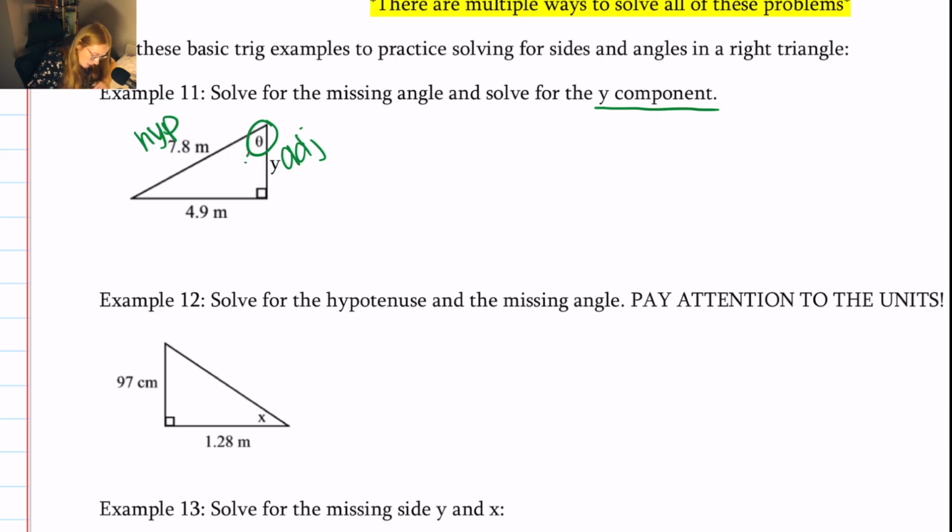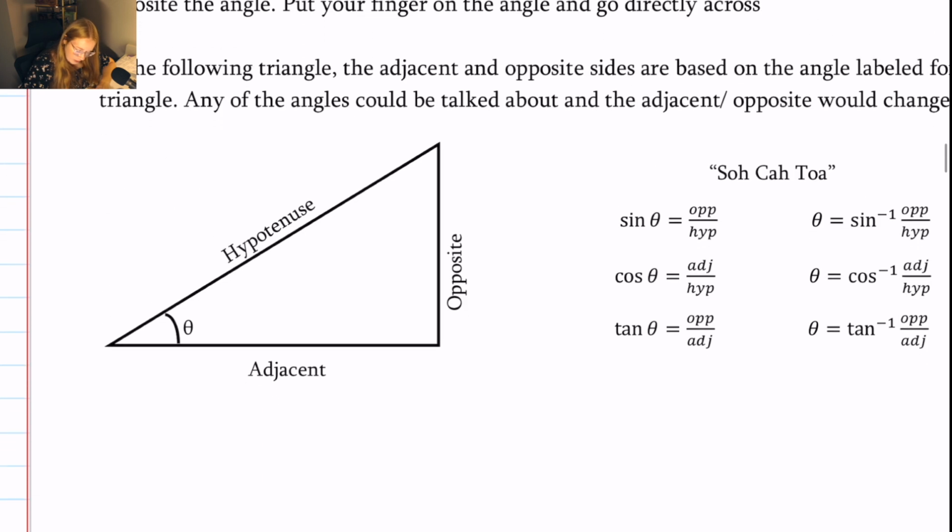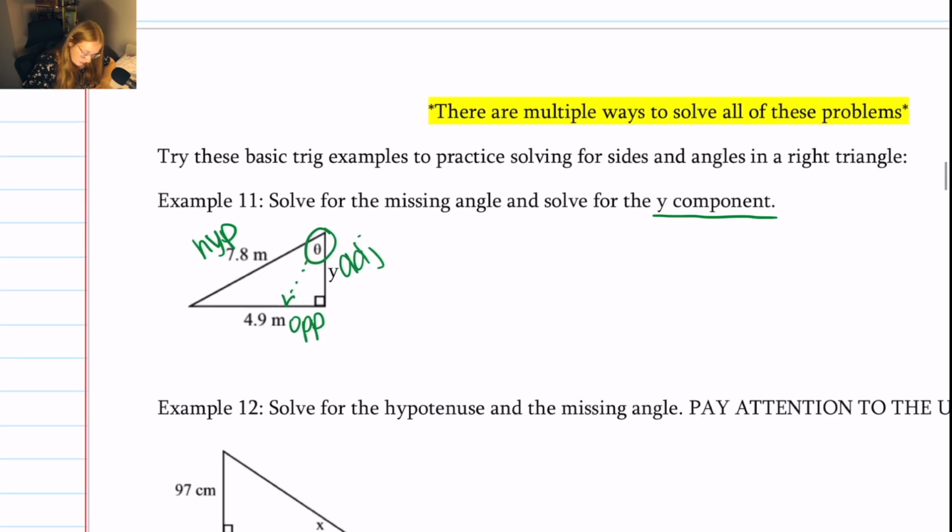And then if I look all the way across, that would be my opposite. Okay, so it looks like in this triangle, we do have the hypotenuse, we do have the opposite. And so my immediate thought is, what trig function has opposite and hypotenuse? So let's look back at our list. Well, opposite hypotenuse, that would be a sine function. Okay, so let's go ahead and use that sine function.